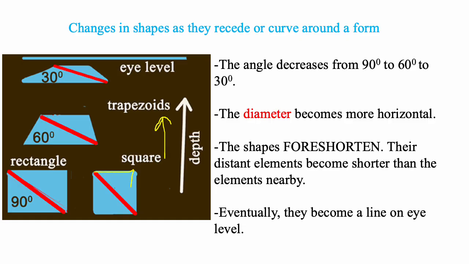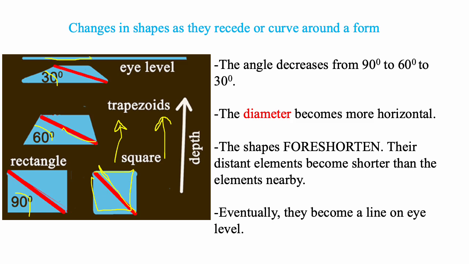Rectangles and squares, if they are upright and we're looking straight at them, have true 90-degree angles. If they're on the ground and we see them recede, the angle gets smaller, here from 60 to 30 degrees. The diagonal becomes more horizontal and becomes a line on eye level.